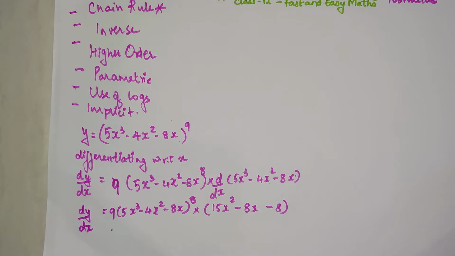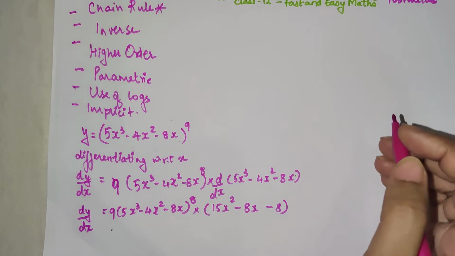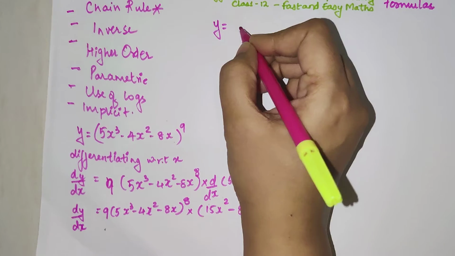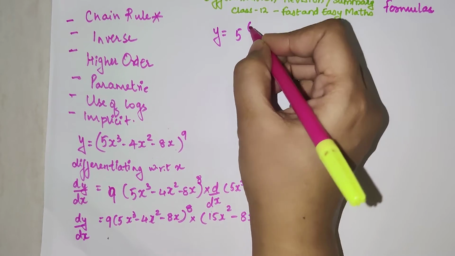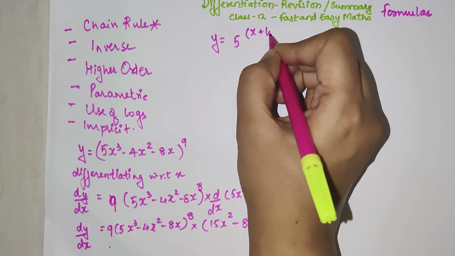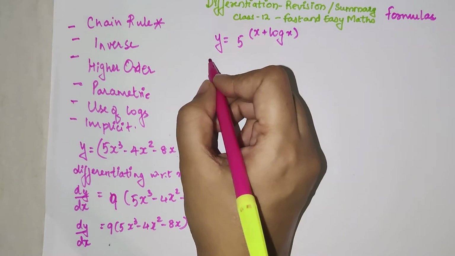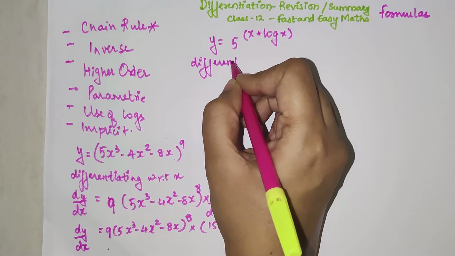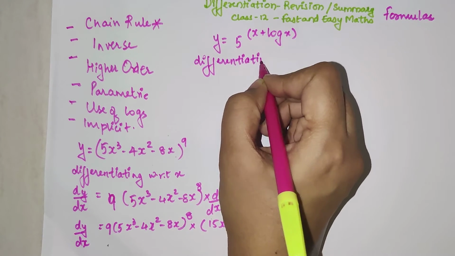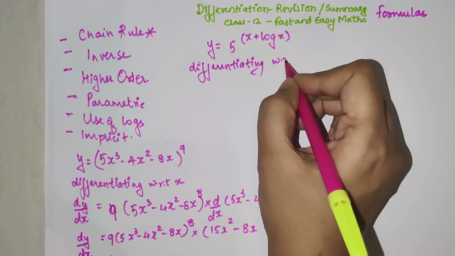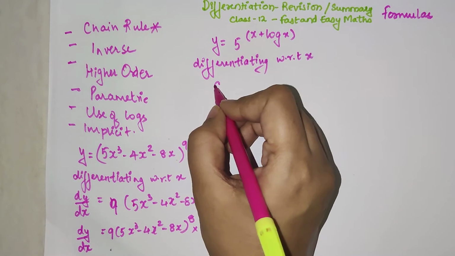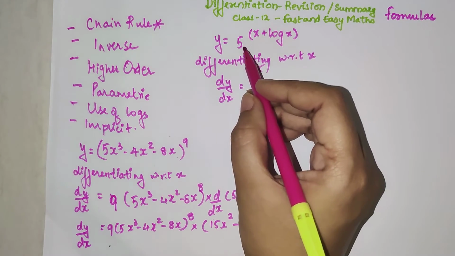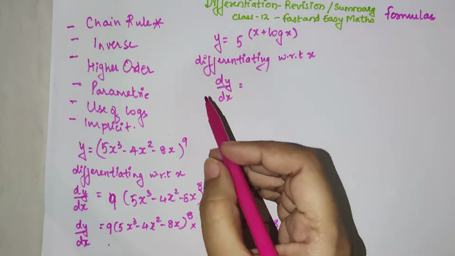Okay, so now let's take one more example. Here if we had y is equals to 5 raised to x plus log x. Okay, so when you differentiate, differentiating with respect to x, you get dy by dx is equals to, now if we had a raised to x, your answer would have been a raised to x log a.